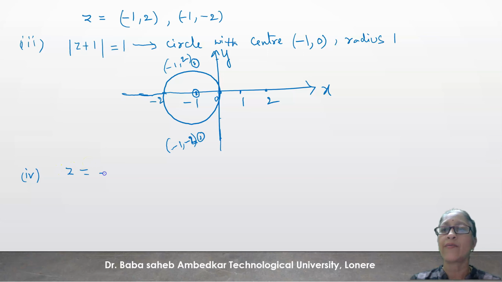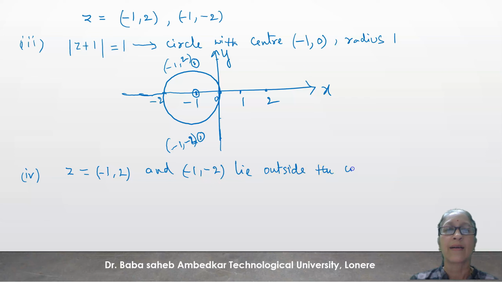So z equal to (minus 1, 2) and (minus 1, minus 2) lie outside the circle mod of z plus 1 equal to 1.